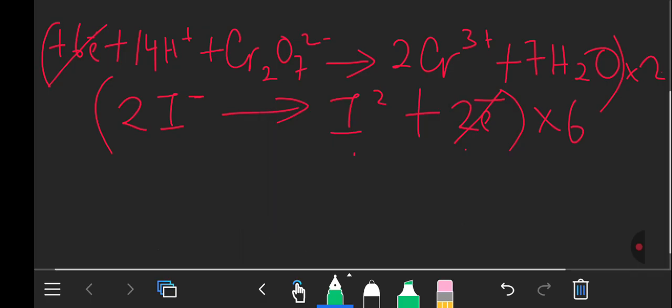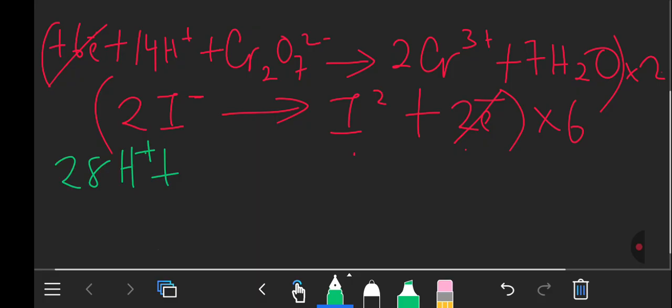Okay, so what we've done, we've balanced the charges by just multiplying by 2 there and the bottom by 6. So what we are going to have will be 2 multiplied by 14 hydrogen ion, that will give 28 hydrogen ion, then plus, and remember we are adding now everything on the reactant side plus everything on the product side.